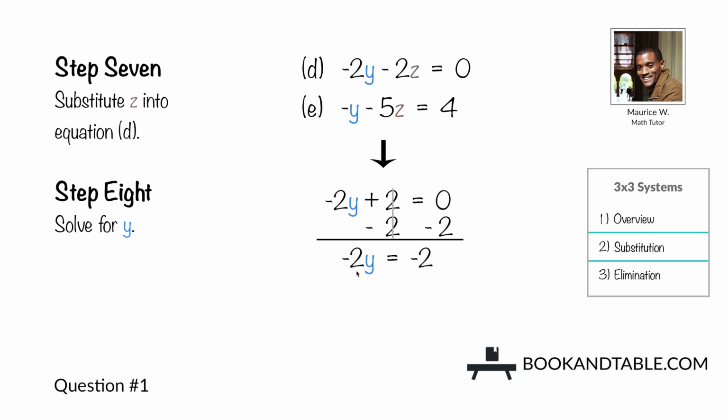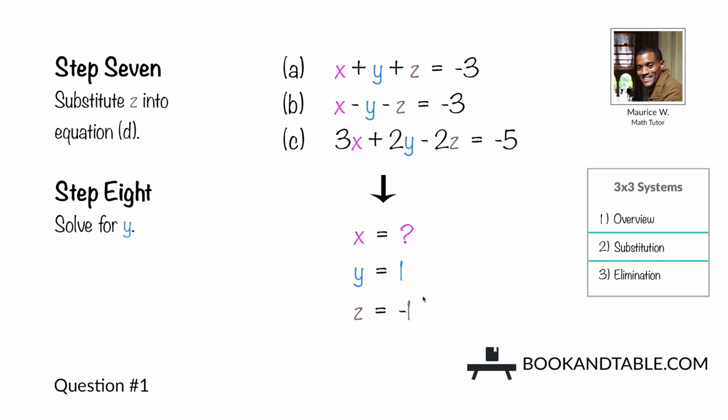And to remove this coefficient of negative 2, we'll divide both sides by negative 2, showing us y is equal to negative 2 divided by negative 2, which is positive 1. So now we've found the values for both y and z. y is positive 1, z is negative 1.